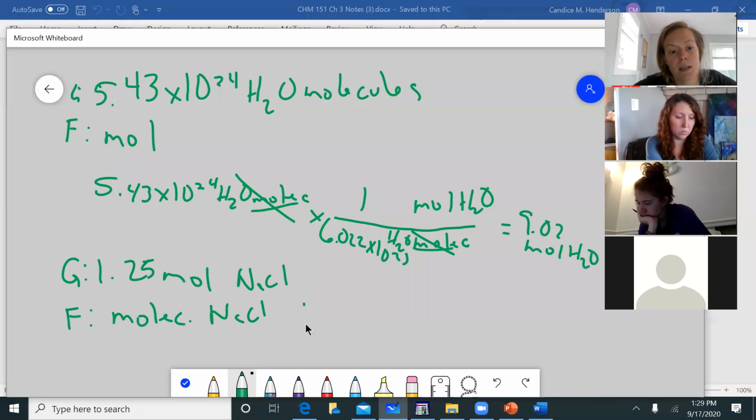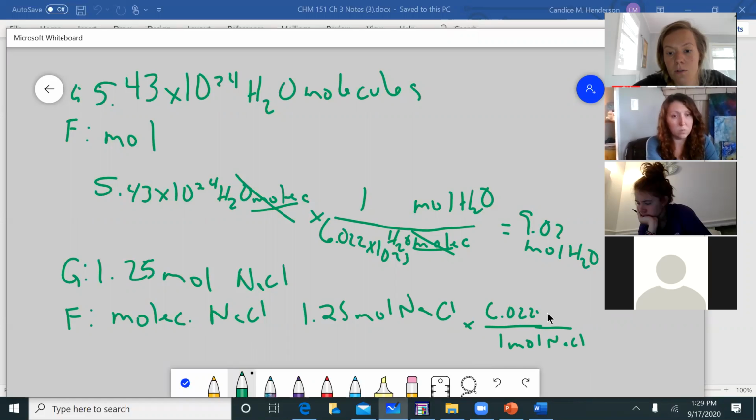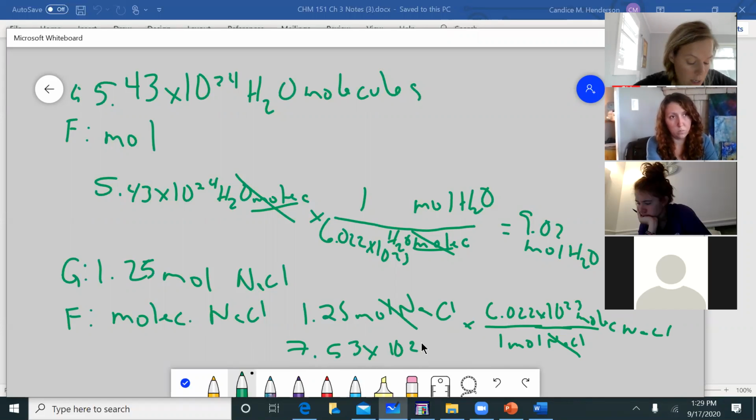All right, so we start with our given, 1.25 moles NaCl, and multiply it by Avogadro's number, but you can go through the process and put the mole on the bottom. 6.022 times 10 to the 23rd molecules NaCl on top, the moles will cancel, we multiply those together. 7.53 times 10 to the 23rd NaCl molecules.